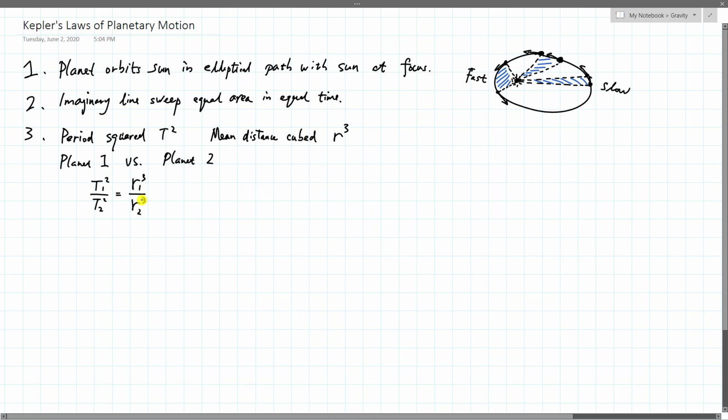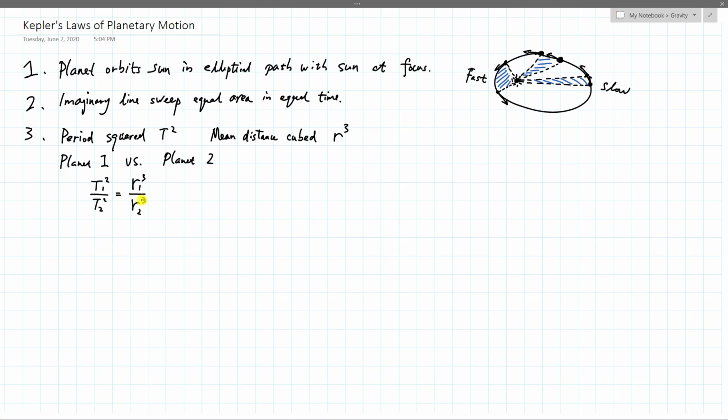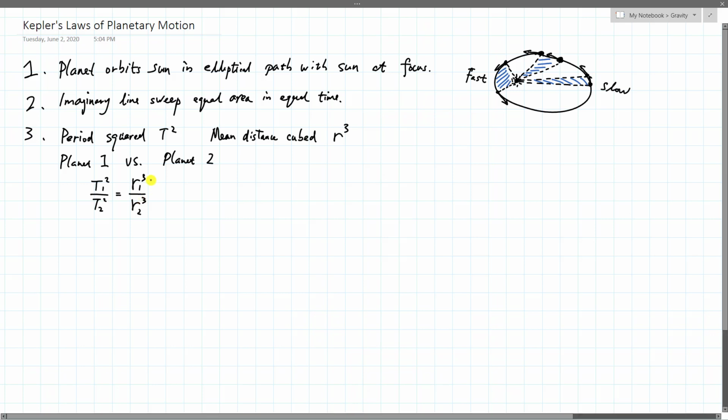So that's really hard to figure out. The squares are somehow proportional to the cubes, right? What this tells you, conceptually speaking, is that if a planet has a larger distance to the sun than another planet, then it also has a longer period orbiting the sun than the planet that is closer by.